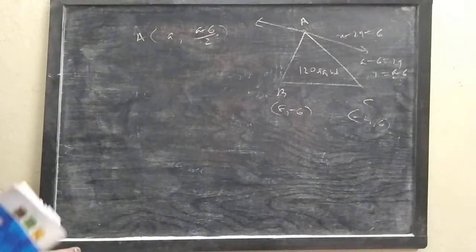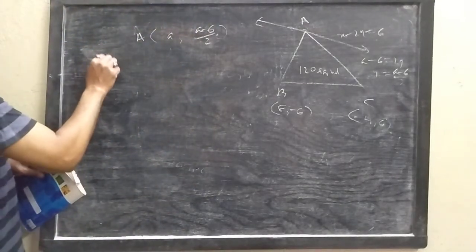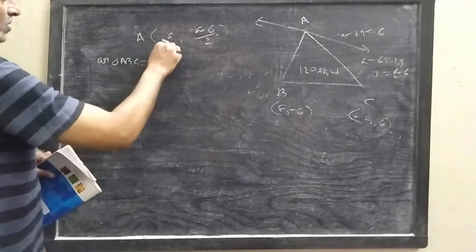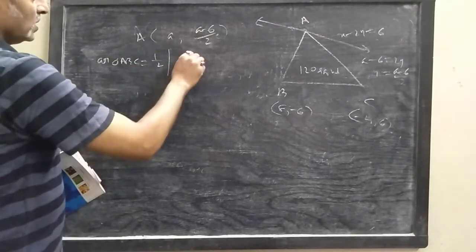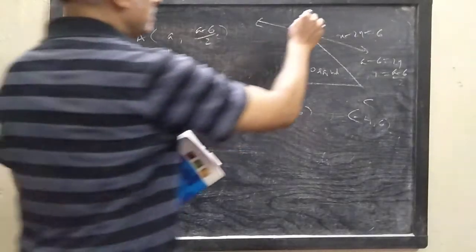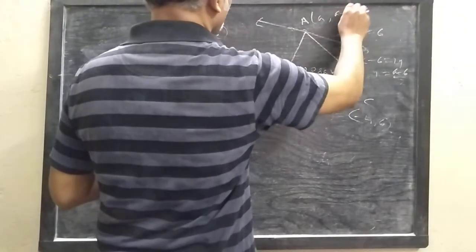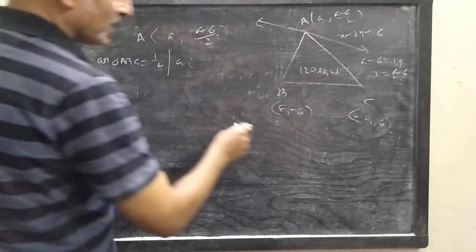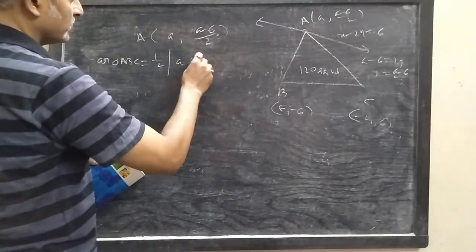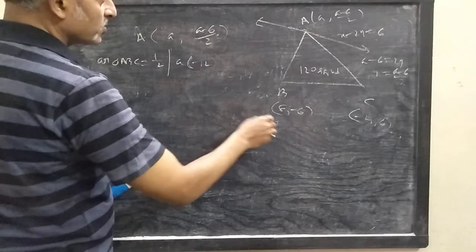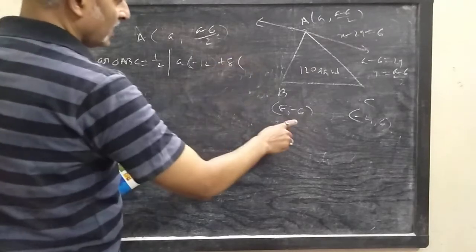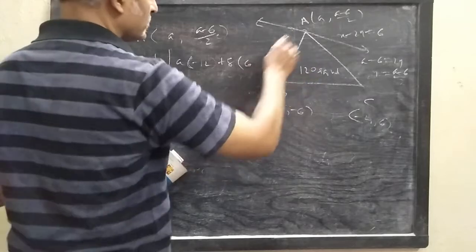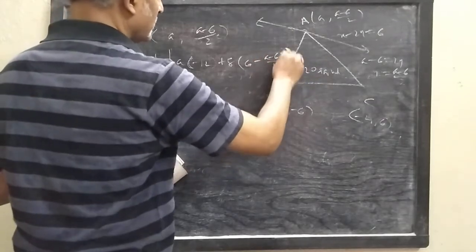Okay, now find the area of triangle ABC. This will be half mod. This is x1, (a minus 6) by 2. x1 into y2 minus y3: minus 6 minus 6, so this will be minus 12. Plus x2 into y3 minus y1, x2 is 8, y3 is 6 minus y1, (a minus 6) by 2.